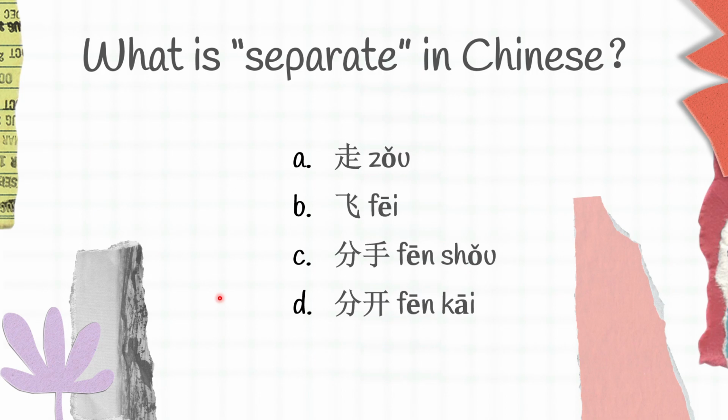So I will give you time to think. 走 is walk, 飞 is fly, 分手 is break up, and 分开 is separate. So separate in Chinese is D, 分开.